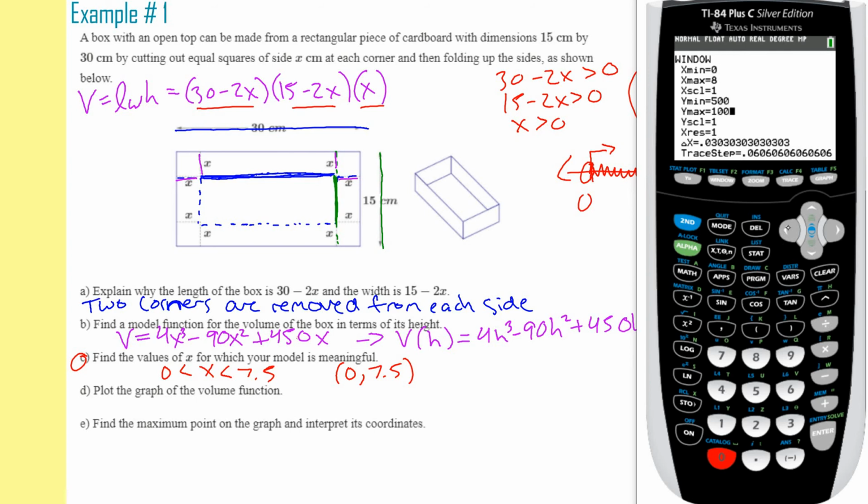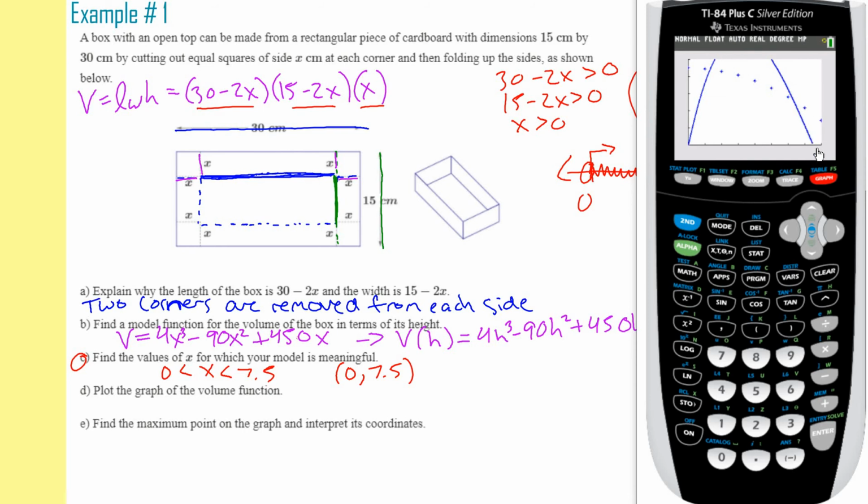Oh, that's a maximum. Silly me. Might help if I actually put these in the right spot. So the minimum is 0, right? Because I don't want my volume to be anything smaller than that. So if we graph it, you see my stat plot. Sorry, ignore those dots. That's from something else.